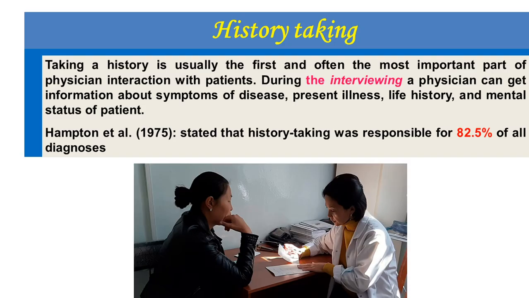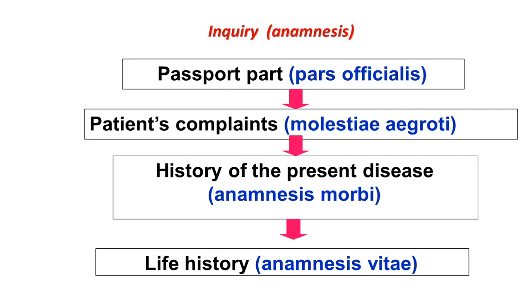Okay, let's go to the history taking. History taking is very important, and it should be collected very attentively. Hampton said that history taking was responsible for 82.5% of all diagnoses.